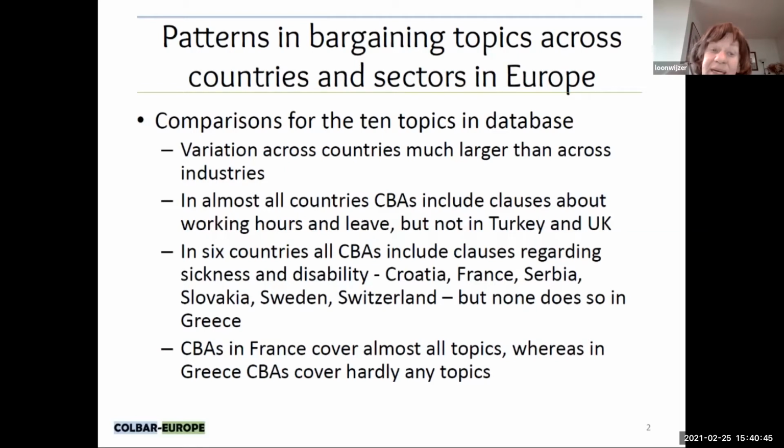What we see is that across countries, the variation of topics agreed is much larger than across industries. So within countries, industries are very similar in the number of topics that they agree.